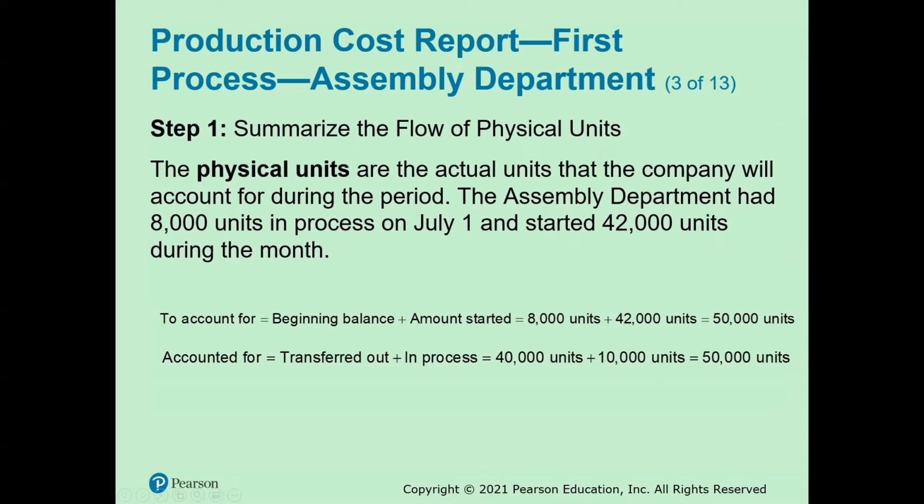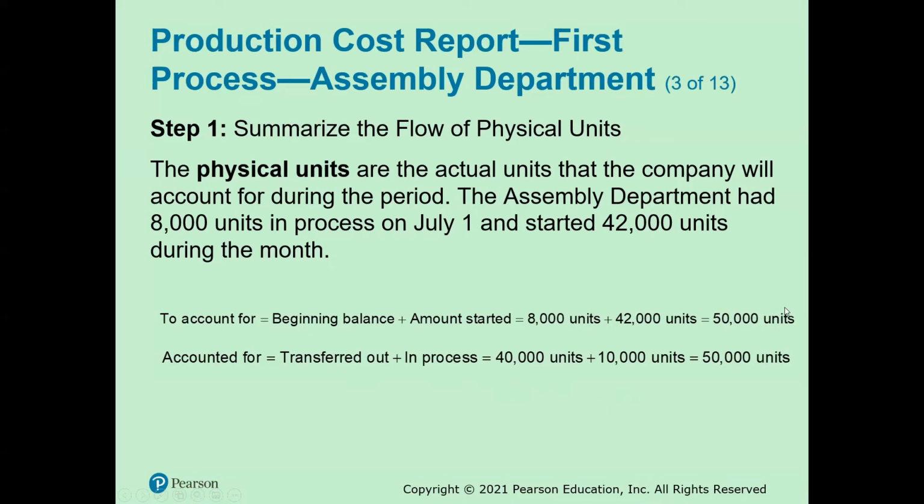The assembly department completed the assembly process of 40,000 of the 50,000 units to account for and transferred those units to the cutting department. Therefore, the remaining 10,000 units must still be in process, and we have to account for all of those units.